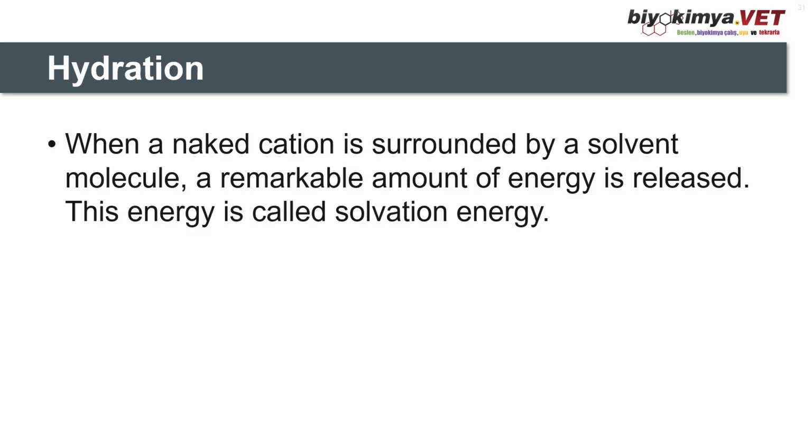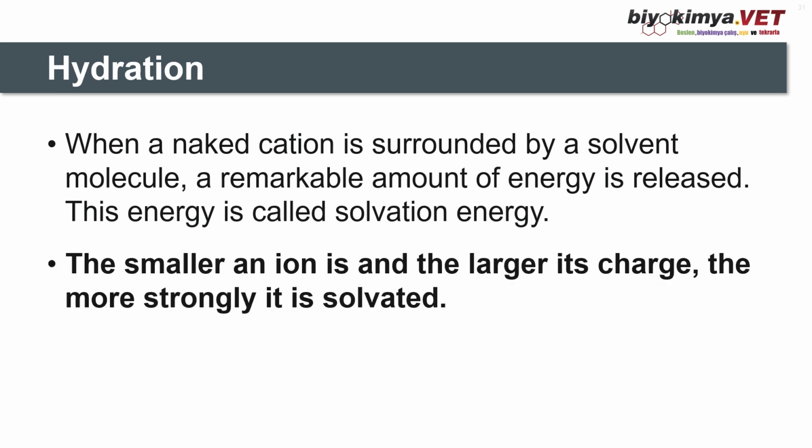In the dissolution of a substance in water, the mobile cations and anions are formed, and both types of ions show an inverse arrangement against water molecules. When a naked cation is surrounded by solvent molecules, a remarkable amount of energy is released, and this energy is called solvation energy. The smaller an ion is and the larger its charge, the more strongly it is solvated.